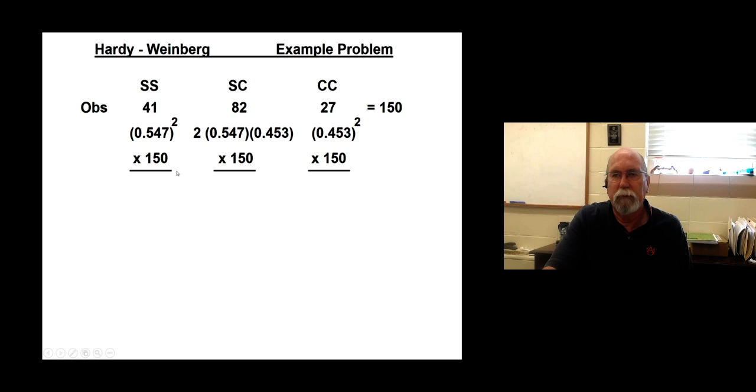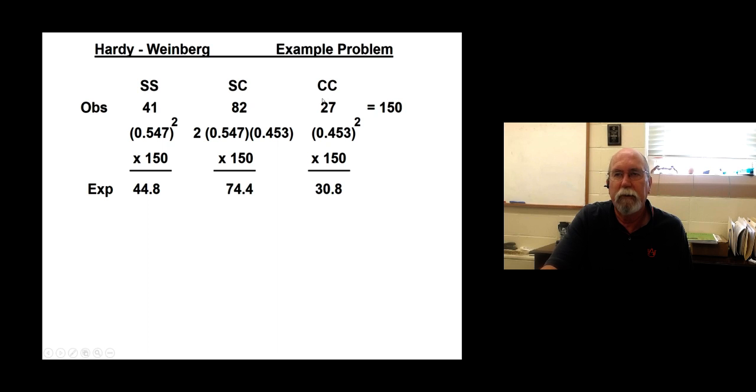We expect around 44.8. Remember, you don't have to worry in chi-squared that you can't have 0.8 of an egg. You just take it as a number, it's just math. So we expect about 44.8 here, about 74 here, and about 31 or so here.